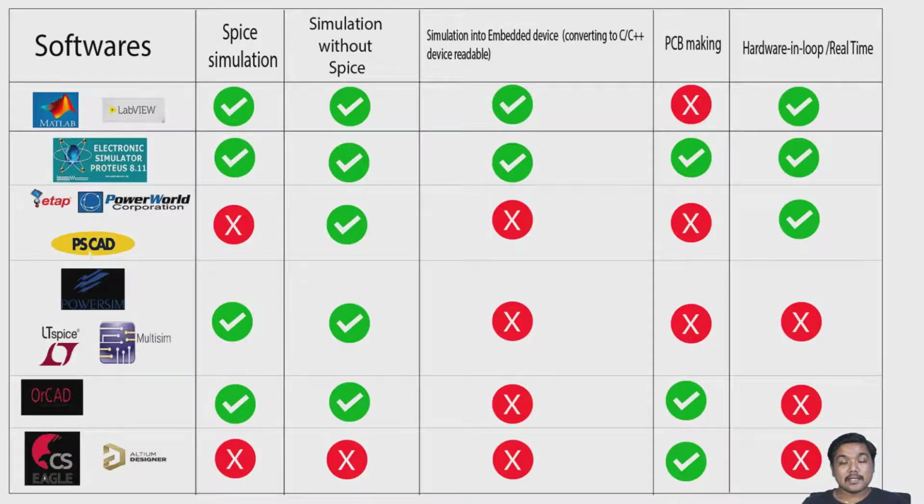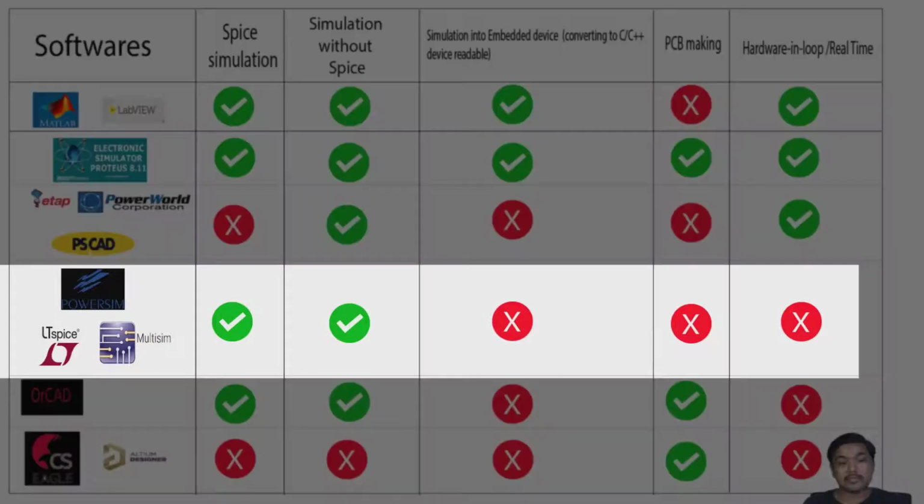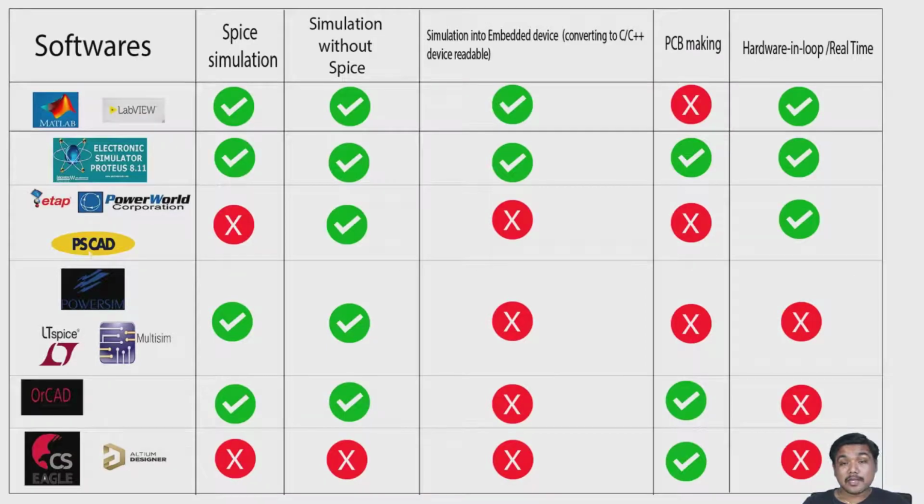The next category is SPICE simulation, where we have PSIM. PSIM is mainly for power electronics, and LT-SPICE and Multisim are for versatile electronics devices. These three are only simulation software; they don't support embedded device programming, PCB, or hardware in loop. The next one is ORCAD.